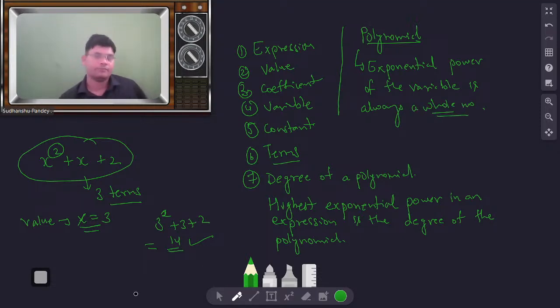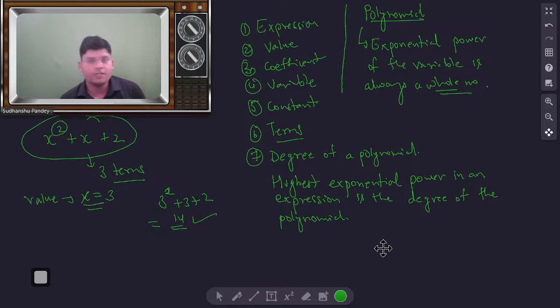Whole number means it can be 0, 1, 2, 3, 4, any number, but it cannot be negative, it cannot be half, it cannot be a fraction. Are you getting it? Yes, sir. I want you to write it. Please let me know when you have written this. Done. Wonderful.